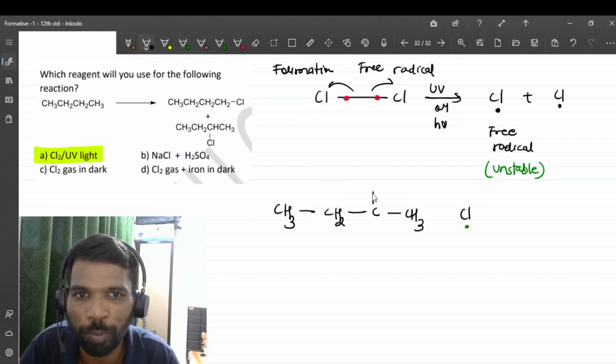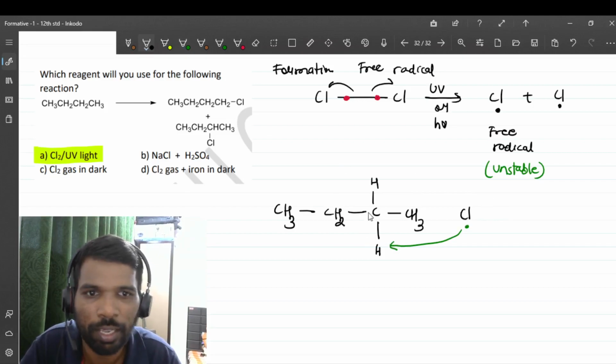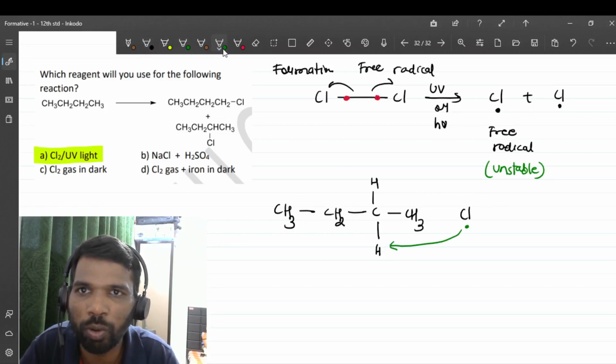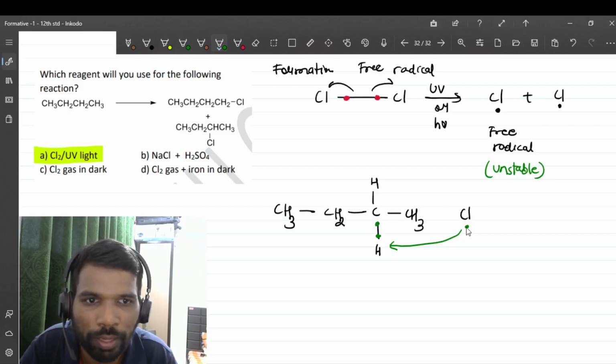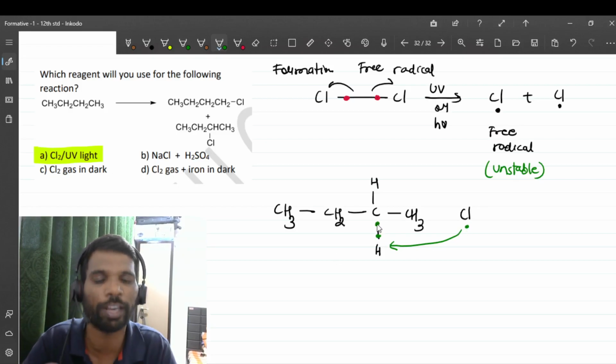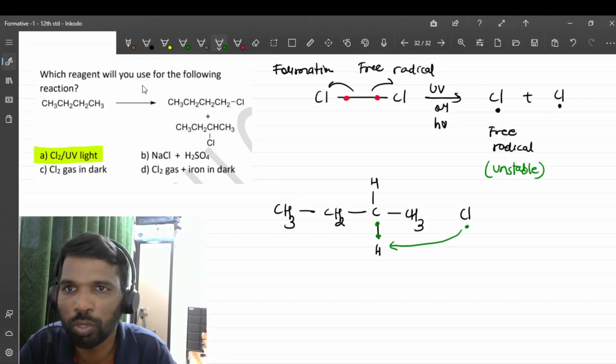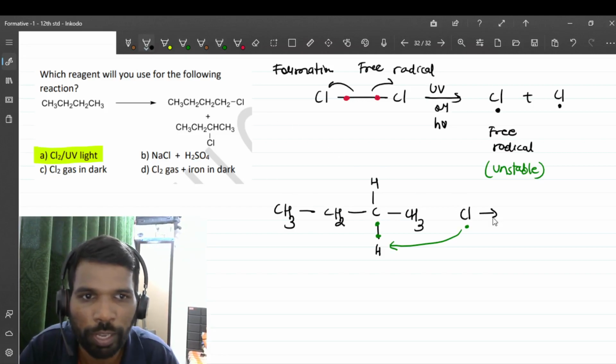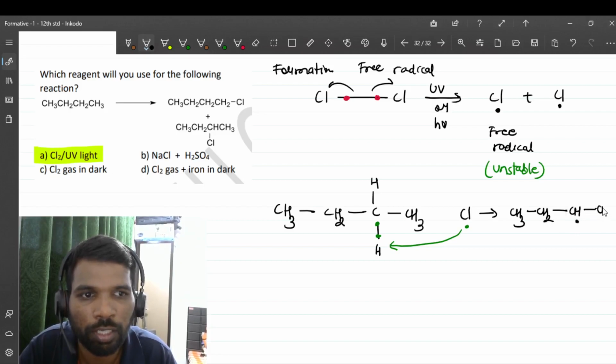This is the free radical, which is going to attack over here, and this is going to try to form a new molecule which is HCl. Now this is also having a lone electron. There are two electrons over here. So this one electron and this one electron will form a bond, and there will be free radical formation on this carbon. So this will lead to the formation of a free radical like this: CH3, CH2, CH, and this is the free radical.